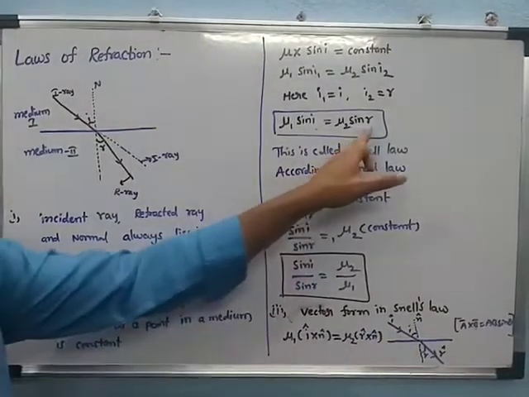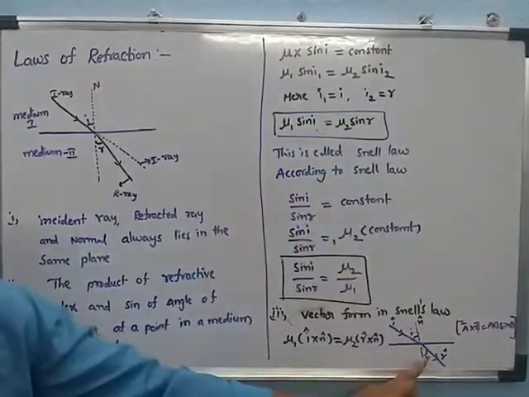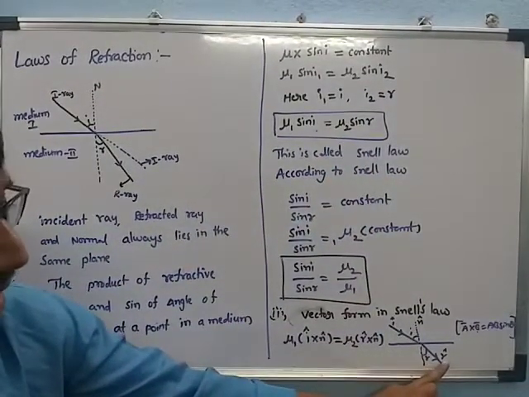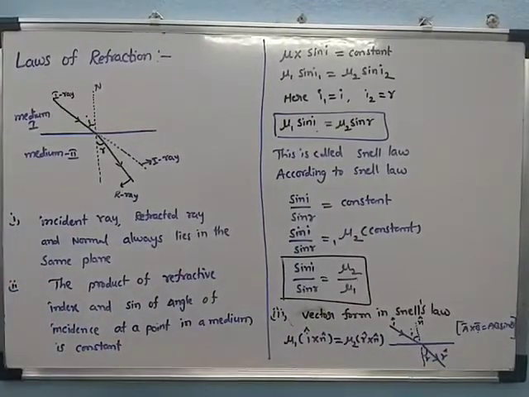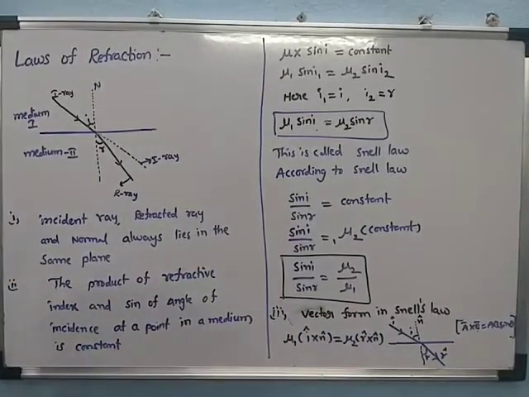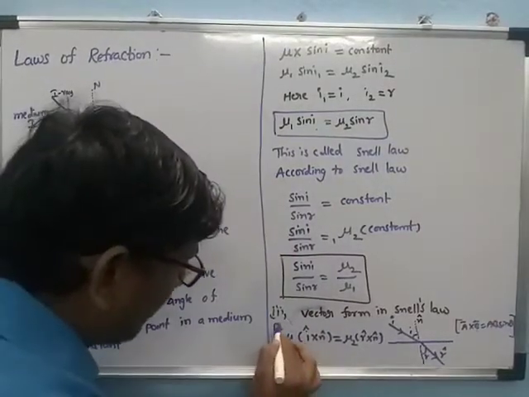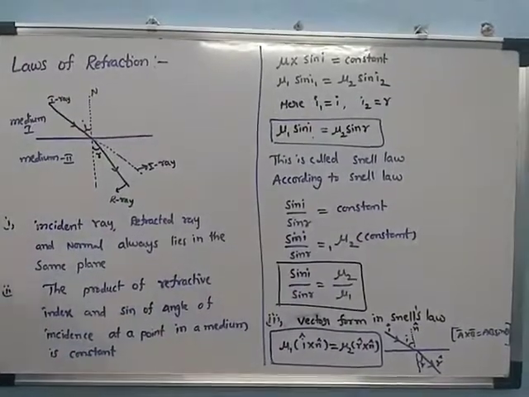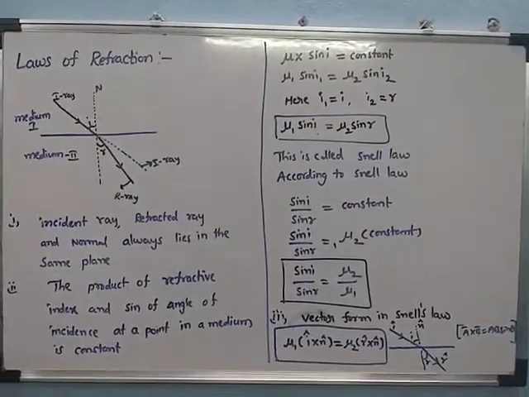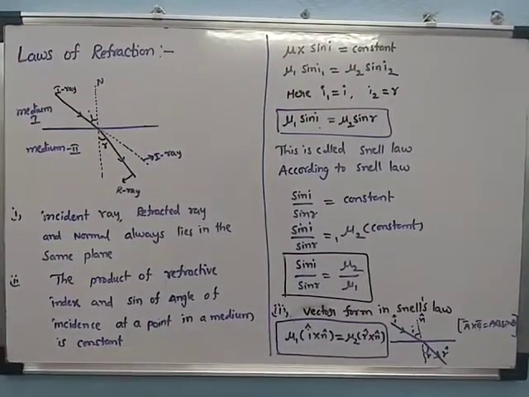Sin r is the angle of refraction, made by the refracted ray and normal. This is the equation of Snell's law in vector form. These are the three main laws of refraction.